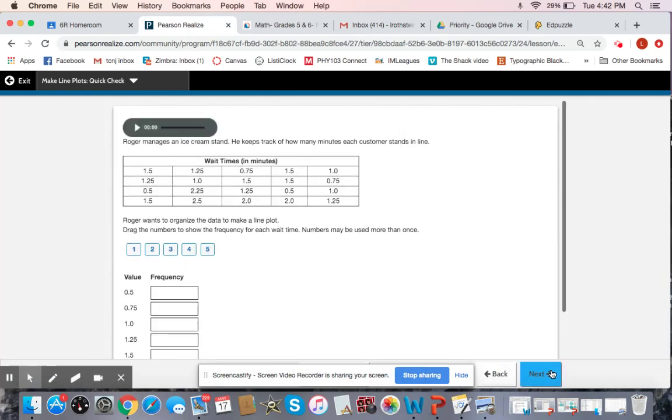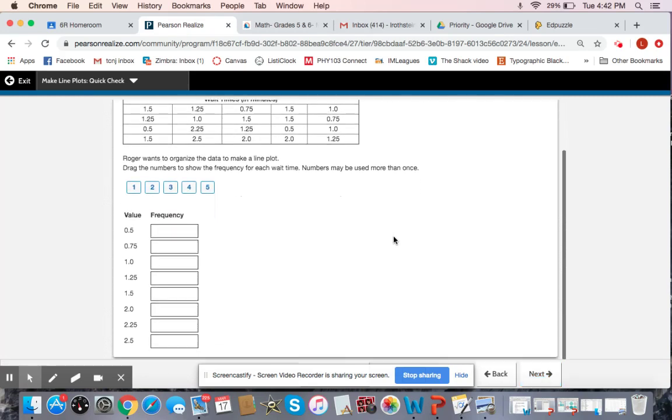The next one, I didn't really talk about this, guys, but when it says frequency, it basically means how many times a data point shows up. So at 5/10, it shows up once, twice. So the frequency of 5/10 is 2. The next one, 75 hundredths, it shows up once, twice again.